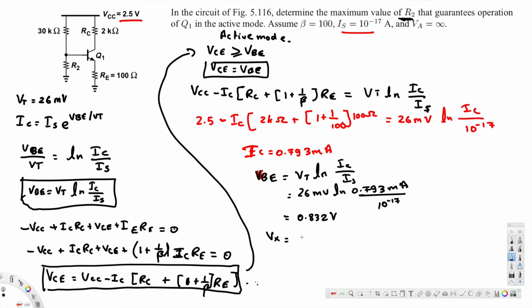To calculate this one, we can use the voltage division. That is VCC times R2 divided by R1 plus R2, and Rx is equal to R1 R2 divided by R1 plus R2. This is the Thevenin equivalent voltage and Thevenin equivalent resistance.